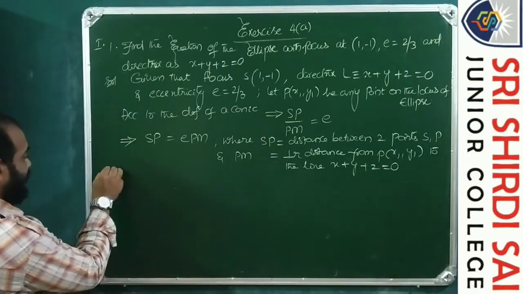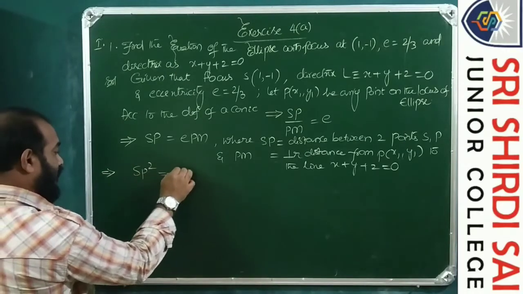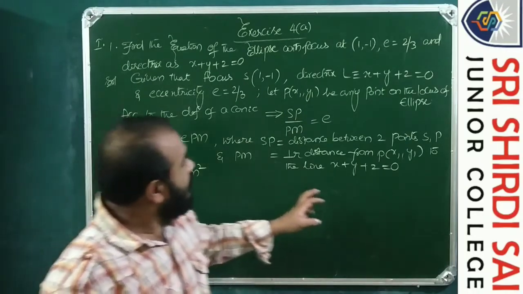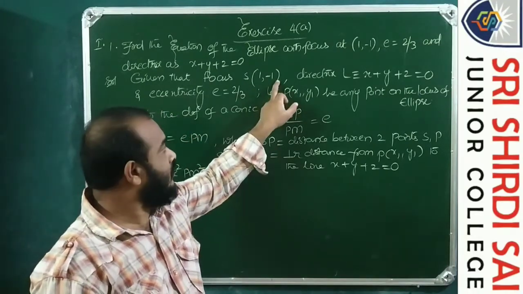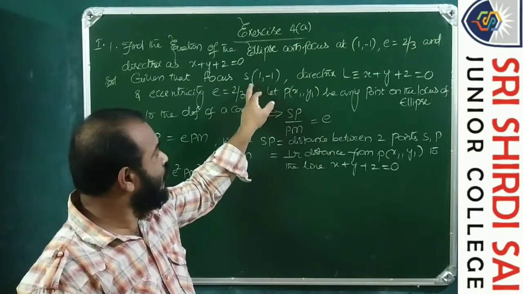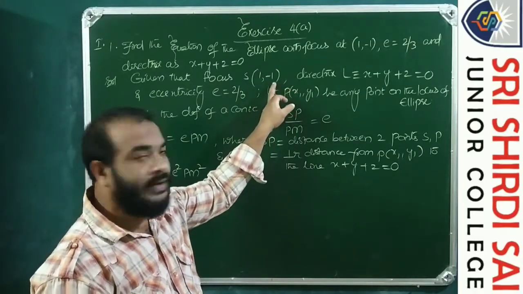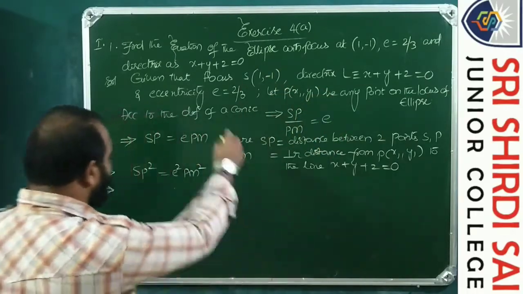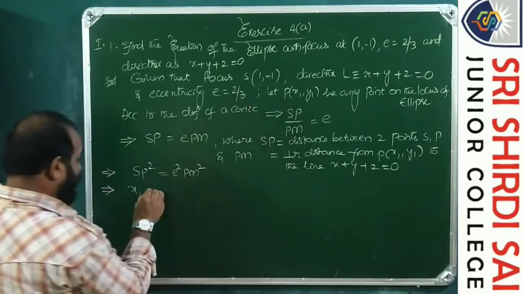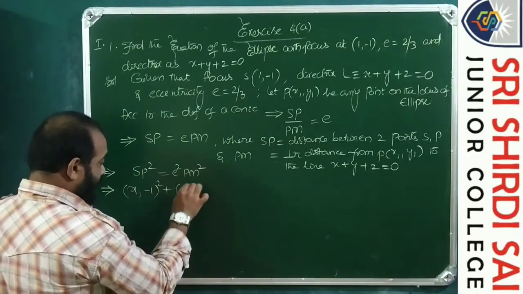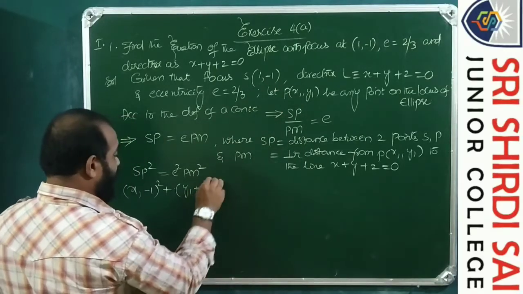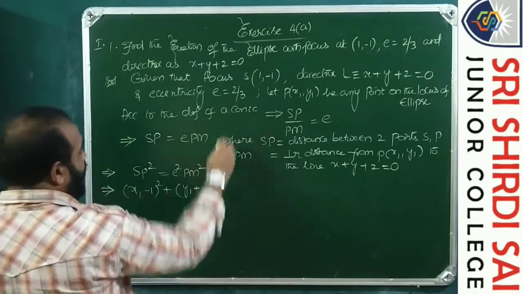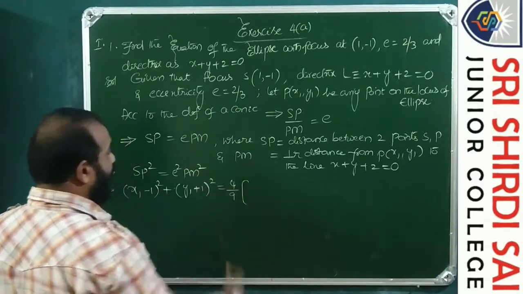This implies SP square is equal to e square PM square. SP is the distance between (x1, y1) and (1, -1), so SP is the square root of (x1 - 1) whole square plus (y1 + 1) whole square. SP square, the square root will be cancelled. We get (x1 - 1) whole square plus (y1 + 1) whole square equals e square, which is (2/3) whole square, 4/9, into PM square.